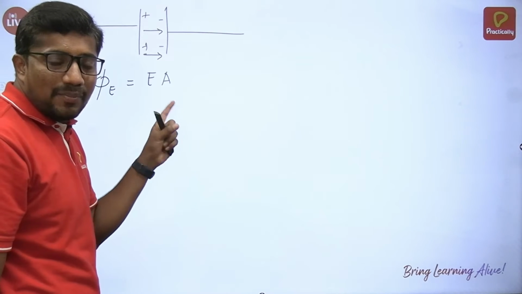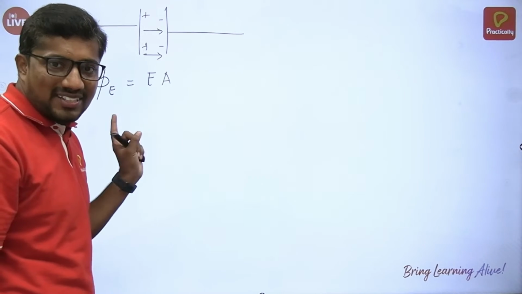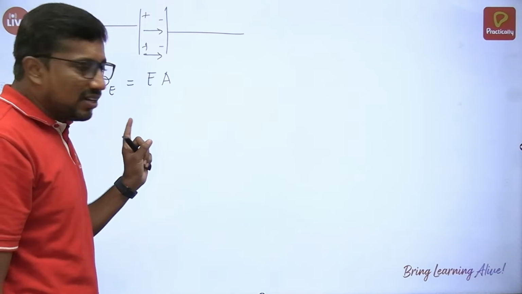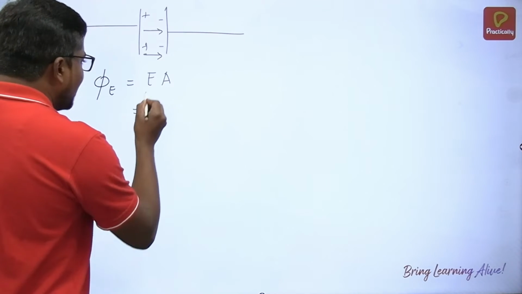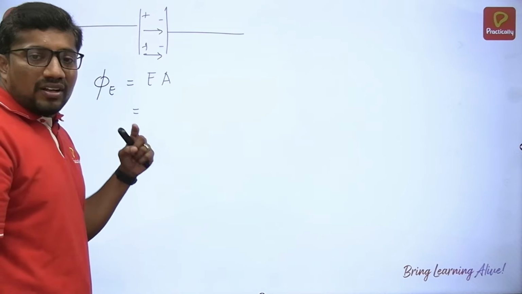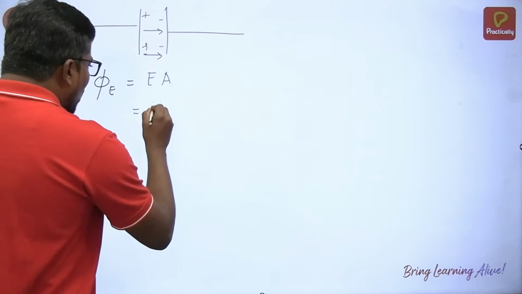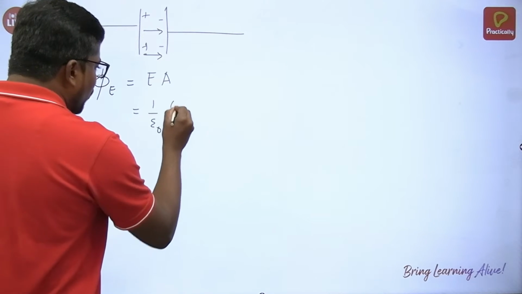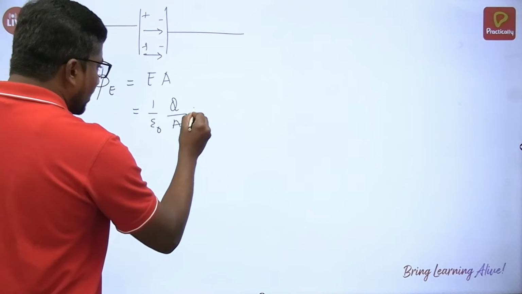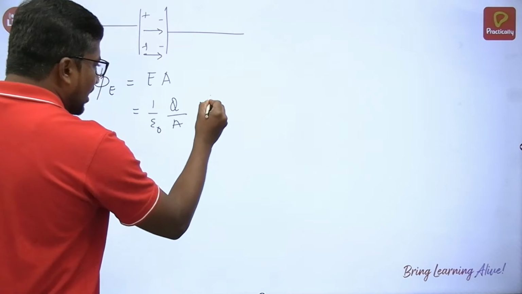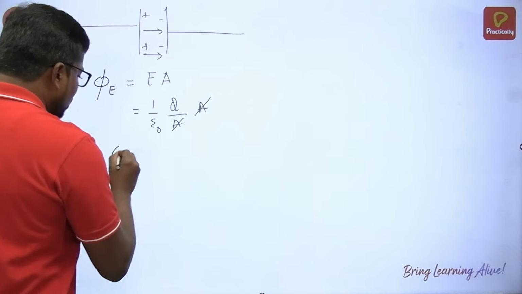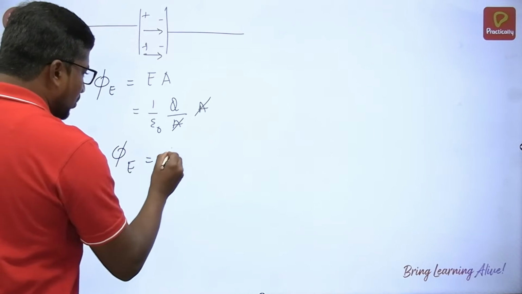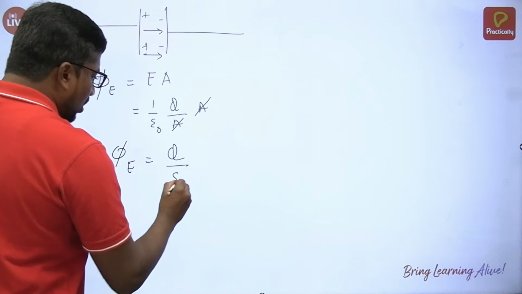As the angle between the two vectors is 0, cos 0 is 1, so EA. And electric field in terms of charge, how can we write? 1 by epsilon naught times charge by area, multiplied by area, the area gets cancelled. So flux phi E is equal to Q by epsilon naught.